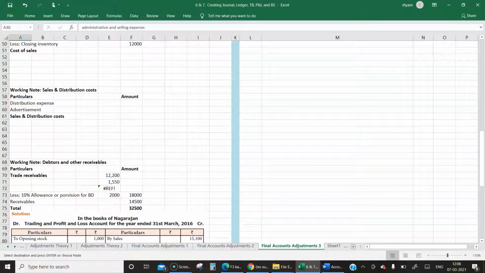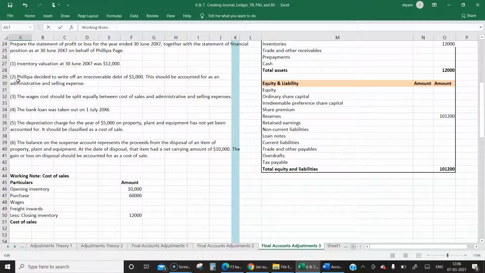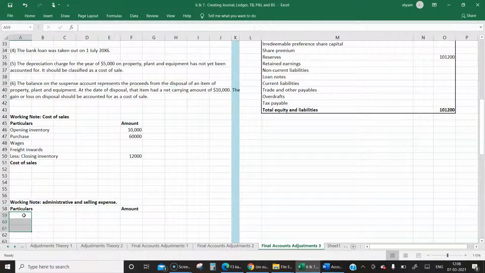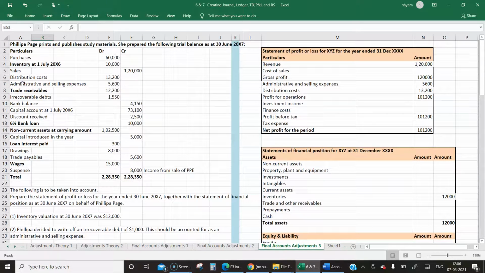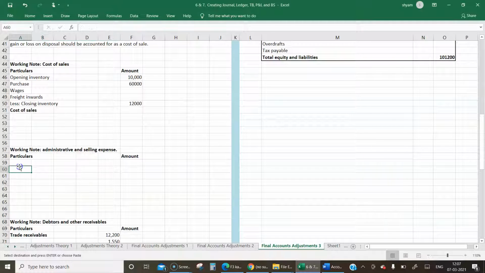Again, we have another working note. First we'll take administration and selling expense here. First we'll post it, then we'll see.